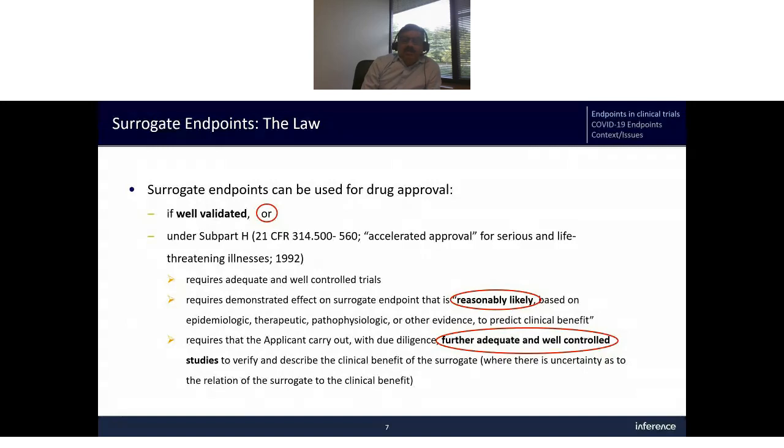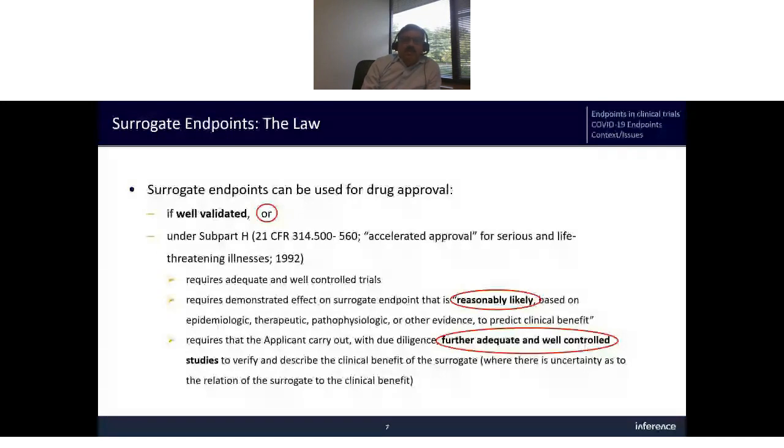But then the interesting thing is it says "or." So obviously the endpoint doesn't have to be well validated. There is another opportunity here to use an endpoint as, quote unquote, surrogate for the time being. And you don't have to read the whole thing, there are too many words there.